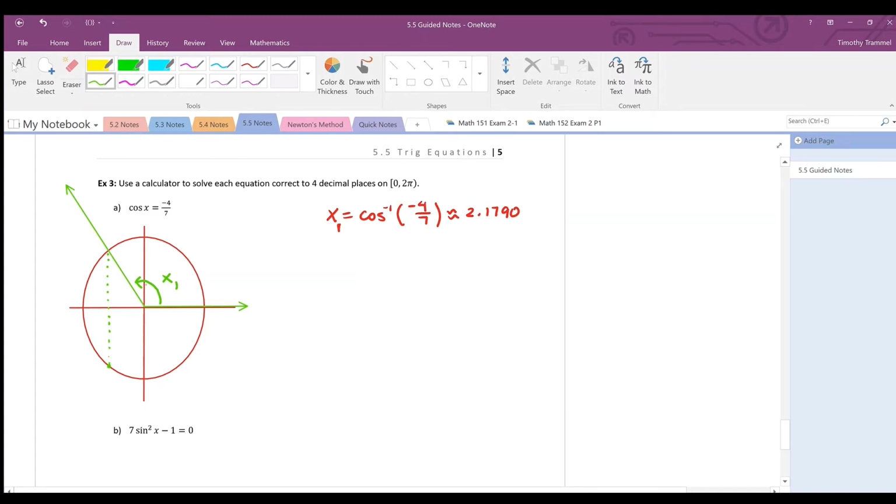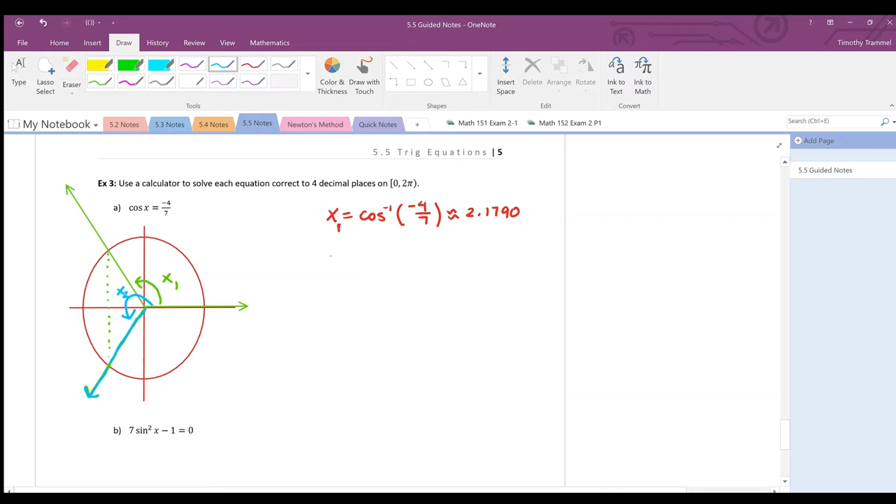Okay. And so this angle here, and maybe I'll make it a slightly different color here. There we go. This angle right here would be another angle that would result in cosine being -4/7. This is what we'll call x2.